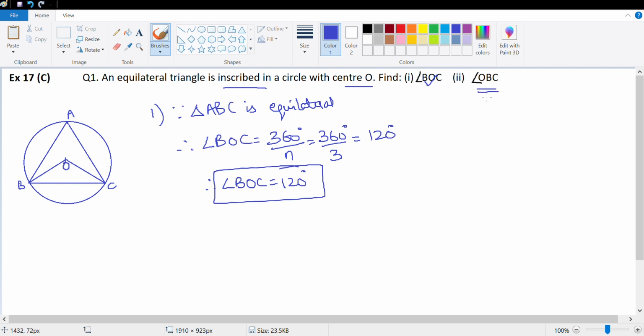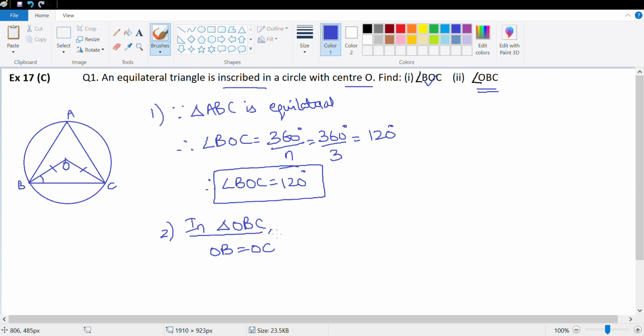Let's look at angle OBC. We are basically looking at this angle. So let's see how we can find it. In triangle OBC, do I know any relation between any sides? Yes, I know OB is equal to OC. Why?